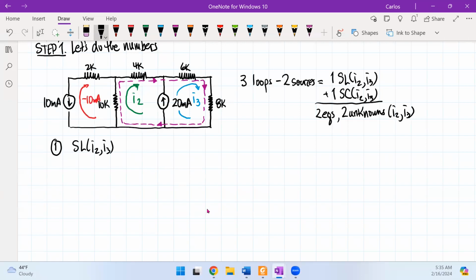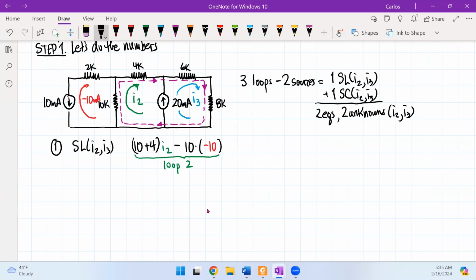So I look at loop 2. If I look at loop 2, I have 10 plus 4 times I2, minus any mutuals. There's a 10 here that's a mutual, and we're going to multiply that by that loop current, but we already knew that, which was minus 10. So this is my first loop equation, loop 2.